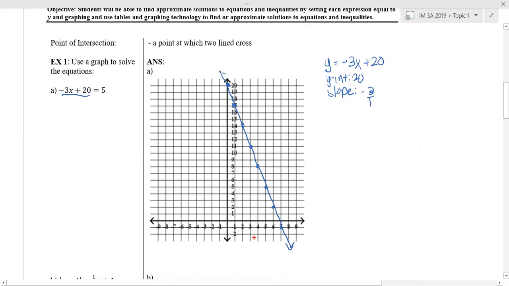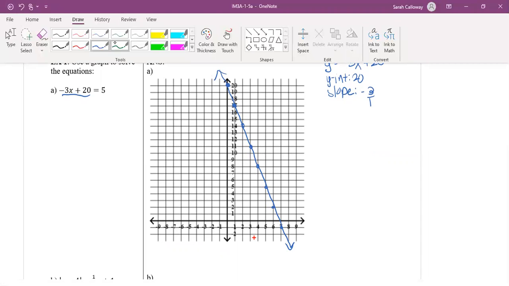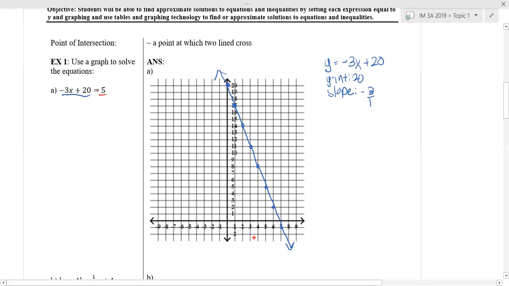For the left side of the equation, which is negative 3x plus 20, we graphed y equals negative 3x plus 20. We're going to take the right-hand side and do the exact same thing. So we've got y equals 5. Remember that this is still a linear equation with a slope of 0. And so that means that this has a y-intercept of 5. So we're going to start on the y-axis at 5.